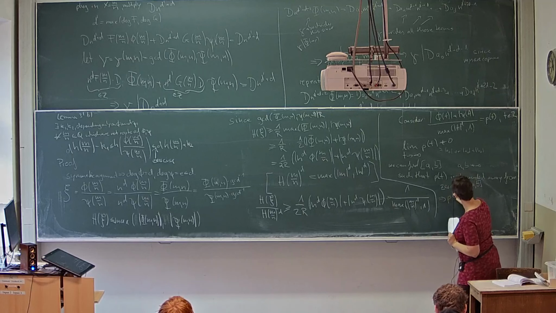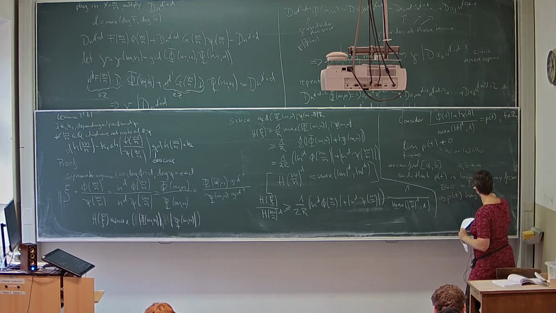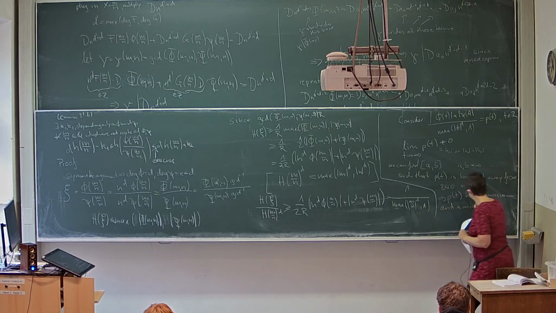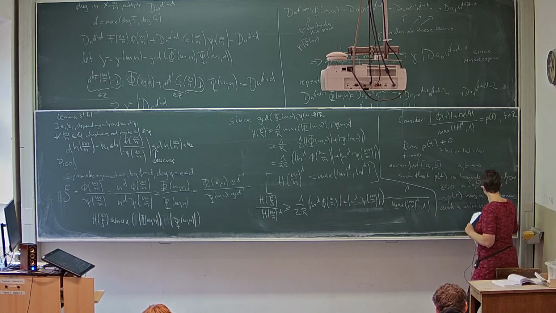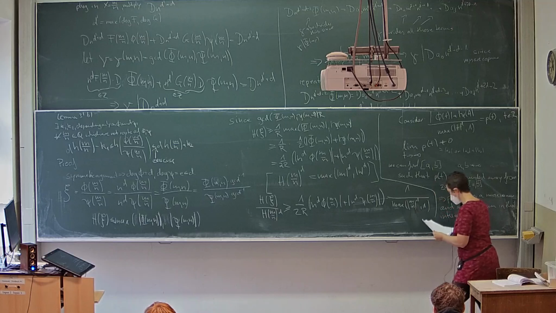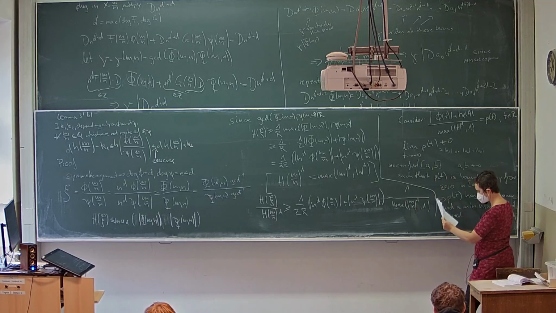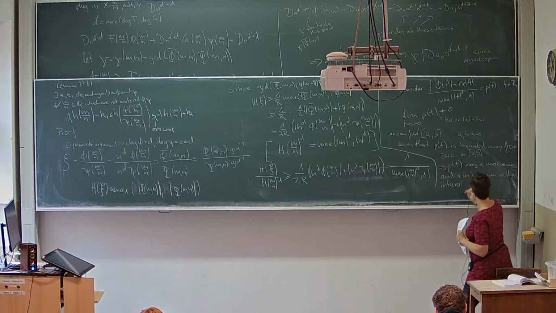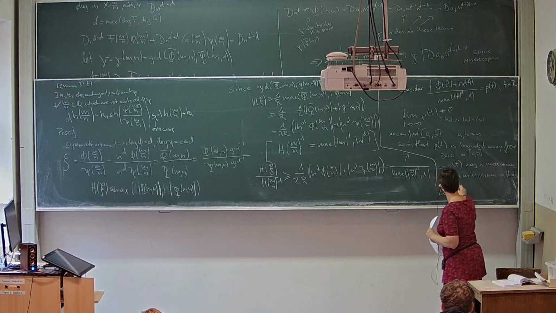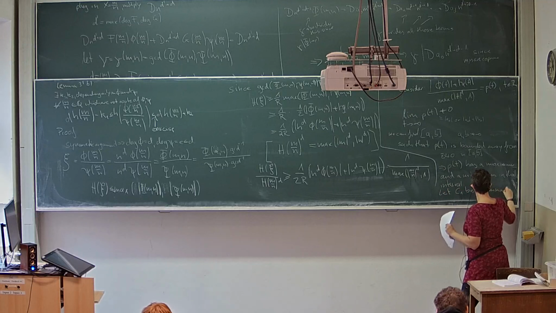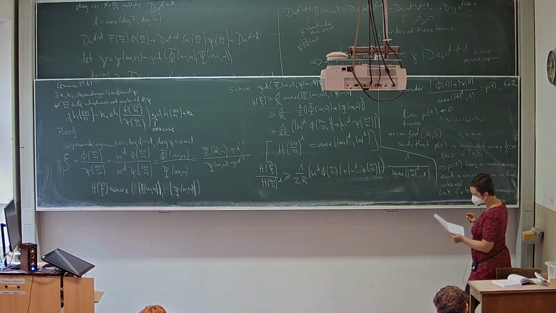So P of t has a maximum and a minimum in that interval, and we let C1 be the minimum.